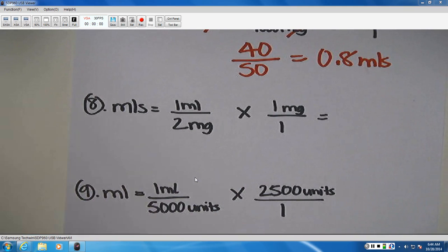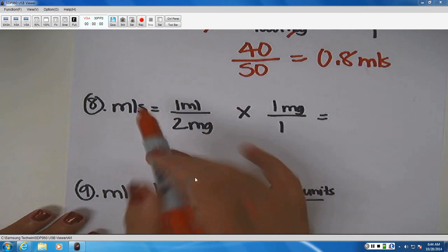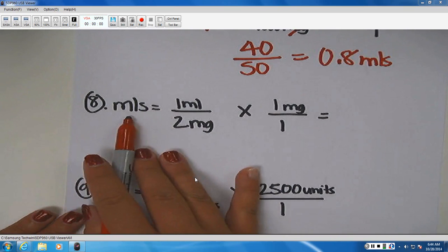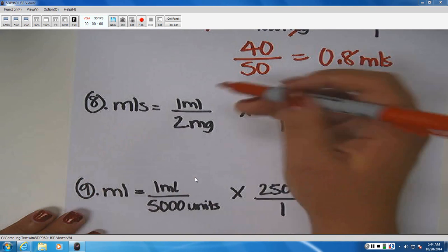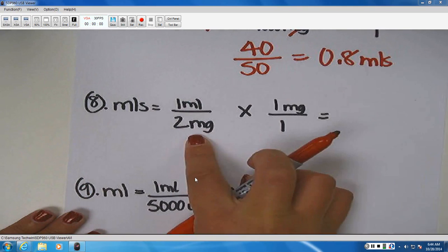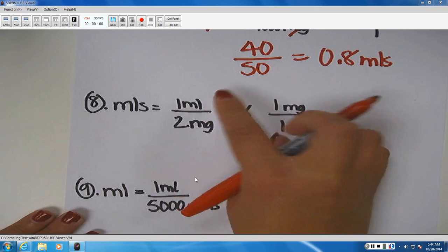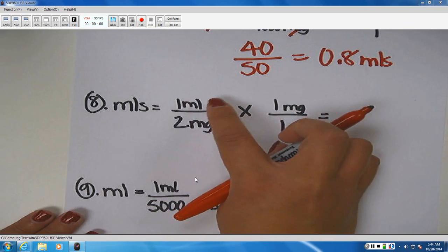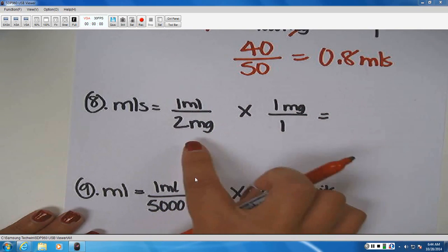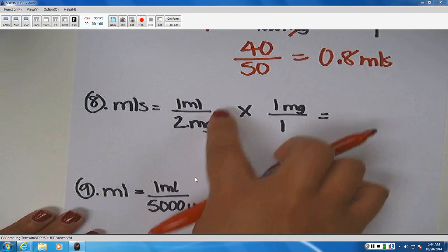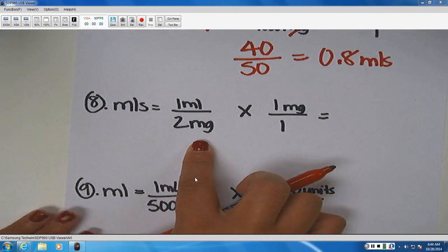And the dosage that I have on hand is 2 milligrams of Stadol per ml. So I'm setting up my equation like this. I'm solving for mLs. Therefore, my numerator on this first fraction is going to be mLs. And the dosage that we have on hand is 1 ml, or 2 milligrams. 1 ml has 2 milligrams of Stadol in it.